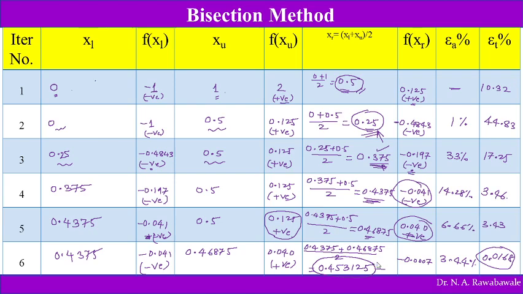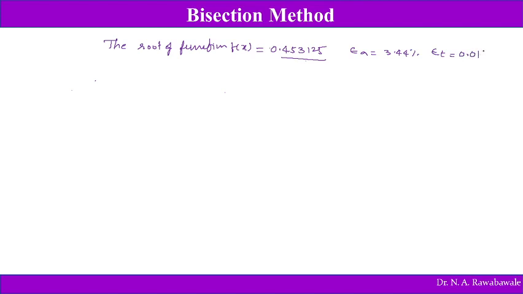So the root of the function f of x is 0.453125, and the approximate error which we have calculated is 3.44%, but the true error is 0.0168%.